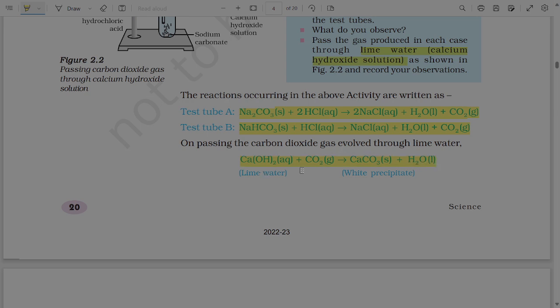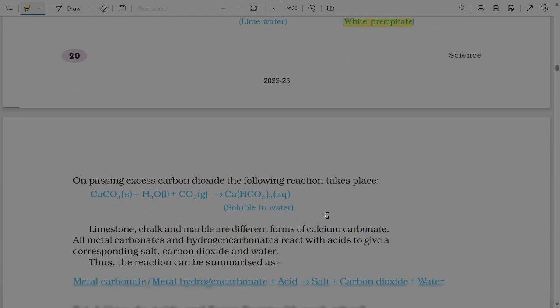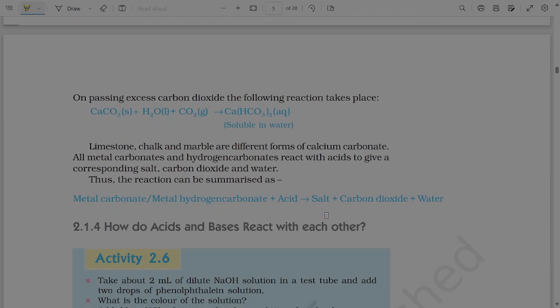So, calcium hydroxide plus carbon dioxide gives us calcium carbonate plus water. A white precipitate of calcium carbonate is formed in the reaction. So, it is to be noted that calcium carbonate is white in color. This may be asked as a short question in your board exams or other examinations.